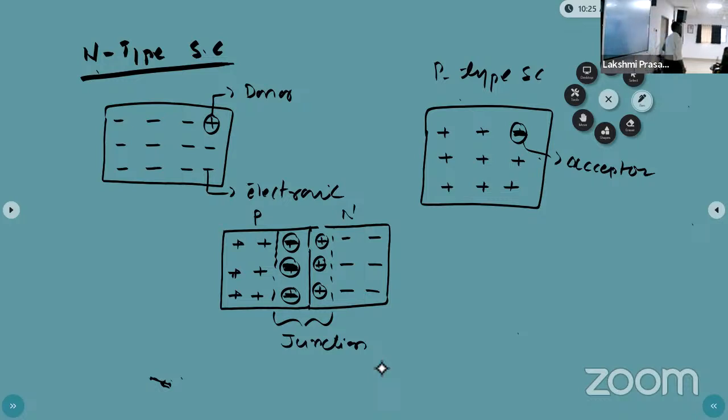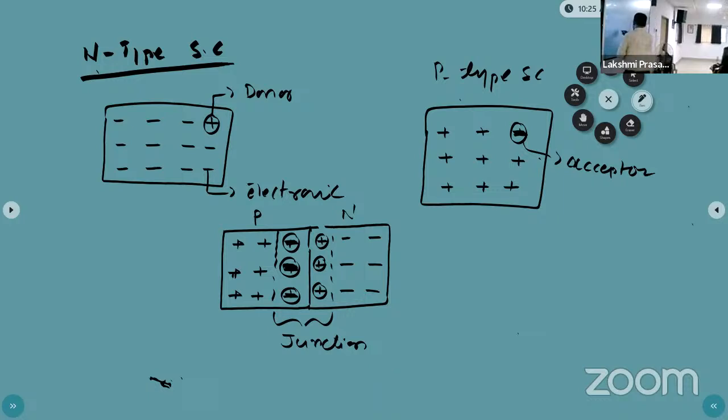That barrier is called the junction. So the device is named a PN junction. That means between the P-type semiconductor and N-type semiconductor, the barrier is developed. Because of that, we are calling this the PN junction.